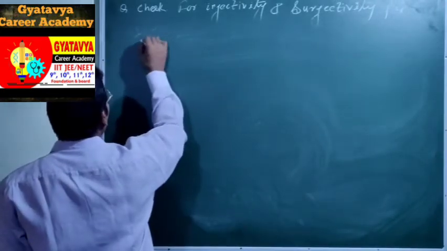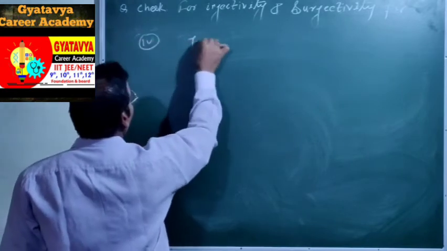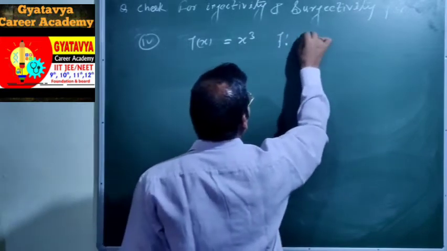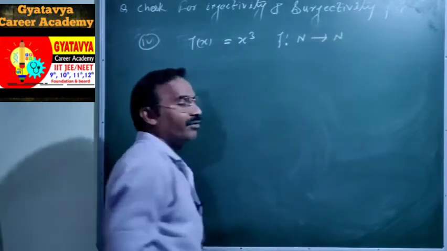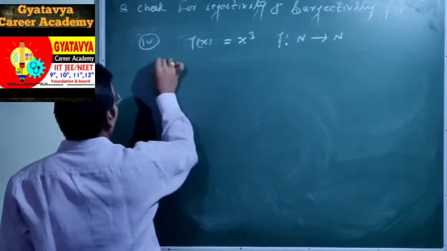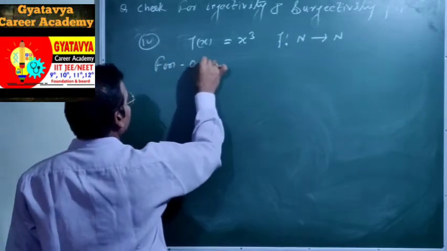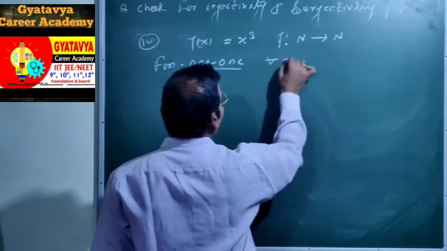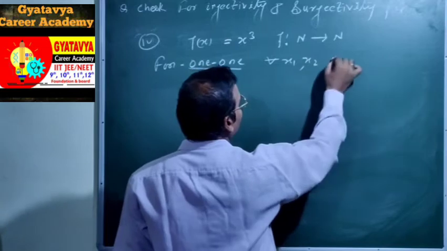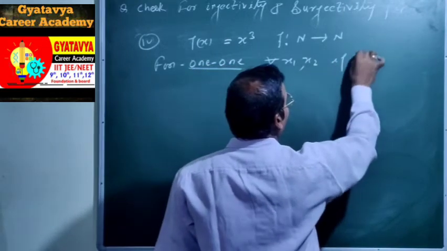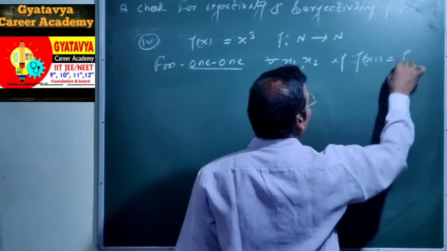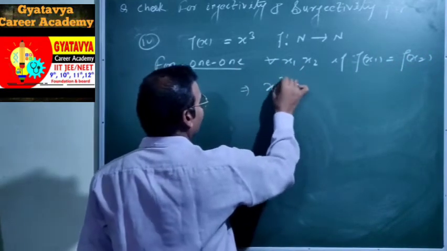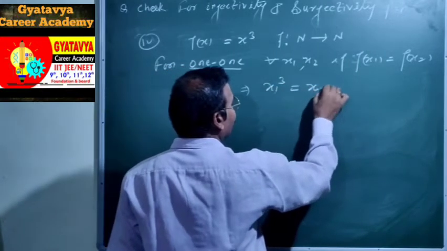Next, the fourth question is f(x) equal to x cube, f from N to N. Here for 1-1. Now for every x1, x2, if f(x1) equal to f(x2), and the value of f(x1) is x1 cube, value of f(x2) is x2 cube.